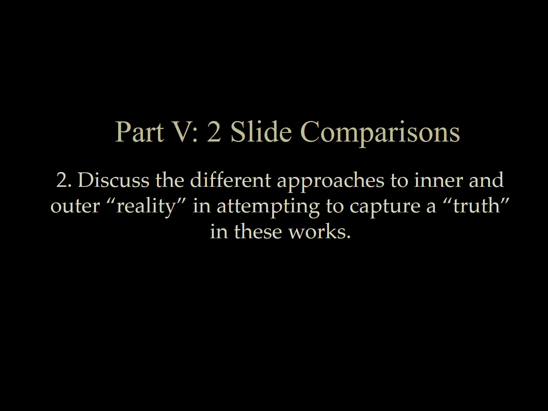The second essay in this will relate to how artists try to show us inner truth by capturing this in an outer reality. So in other words, how are they going to be distorting or showing things that are not part of reality, but to convey something that is more true by way of human nature?